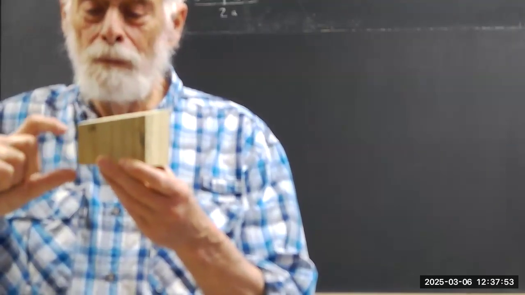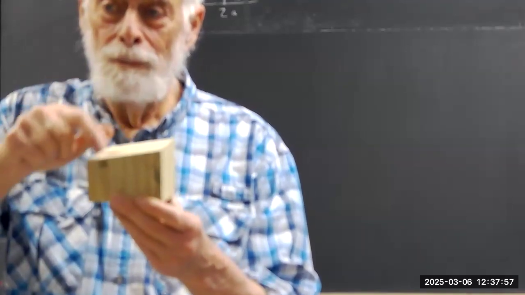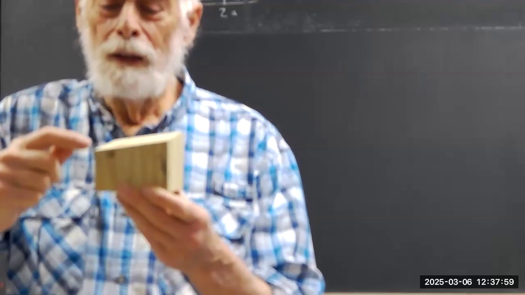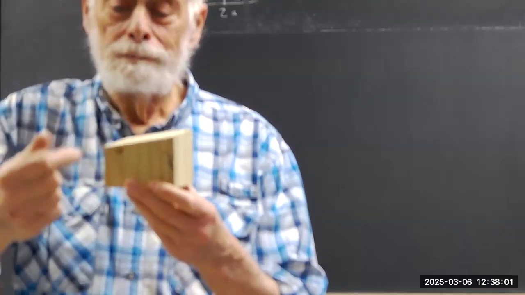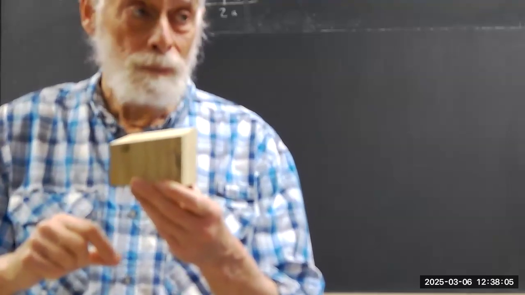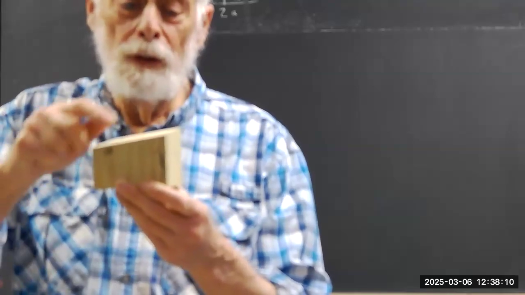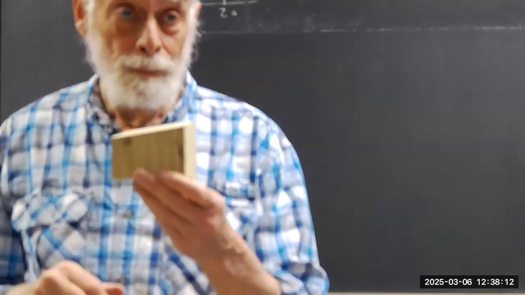Now, if I want to change from here to here, I can add this change to this change. If this is a perfect plane, that's going to give me the exact change from here to here.